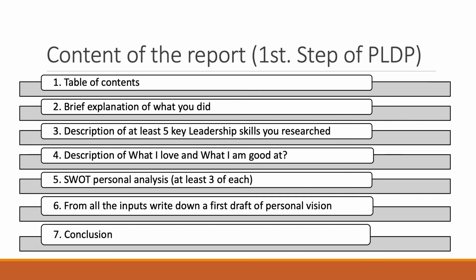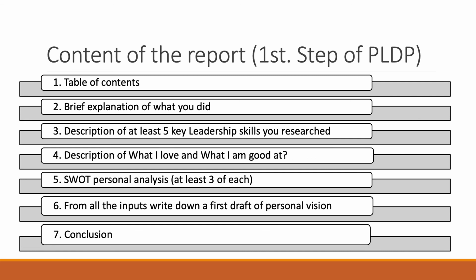This table of contents needs to have all these parts with the page numbers in Word and then be converted to PDF. Second, a brief explanation of what you did. Third, the description of at least 5 key leadership skills you research. Okay, you're going to research those 5 leadership skills and you're going to describe them.